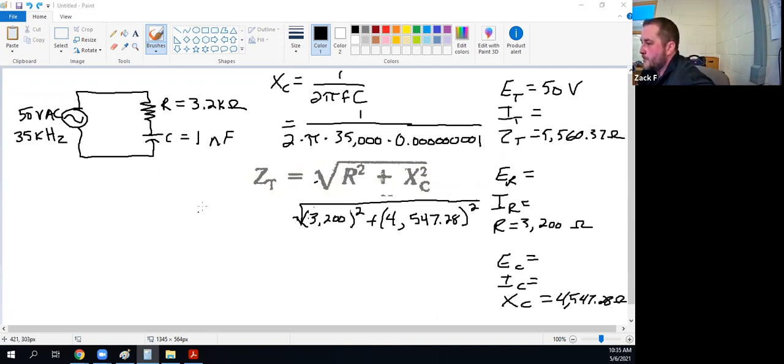So now what can we solve for? I total equals E total over Z total, equals 50 divided by 5,560.37.